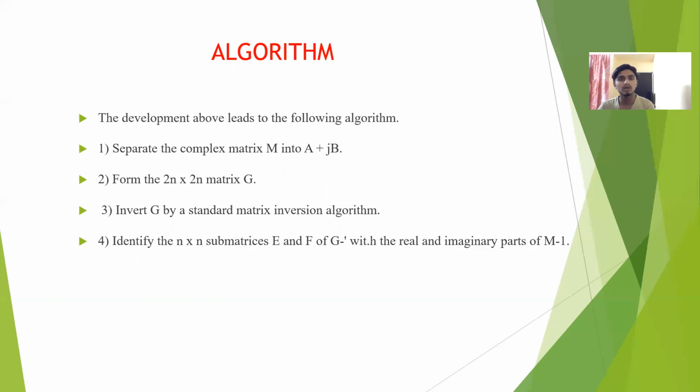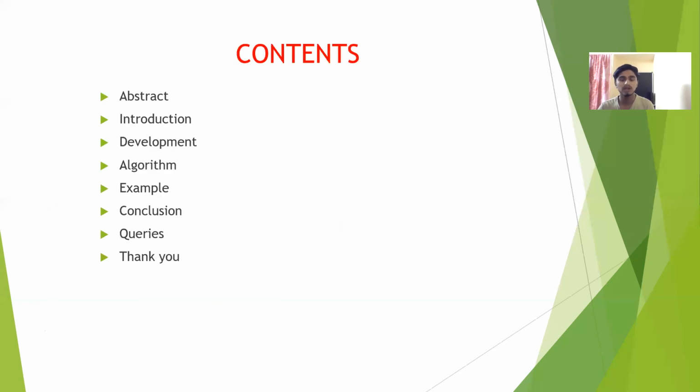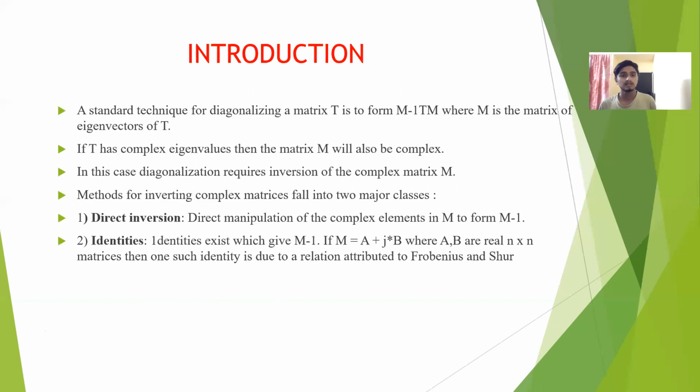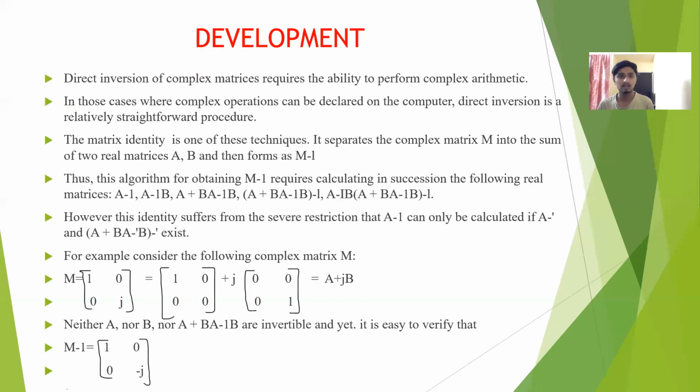Let's see what we have learned today. We have learned about abstract, introduction, development, and algorithms with an example. The abstract is about inverting a 2n-by-2n matrix. The introduction is about what a matrix and a complex matrix are, inversion and identities.